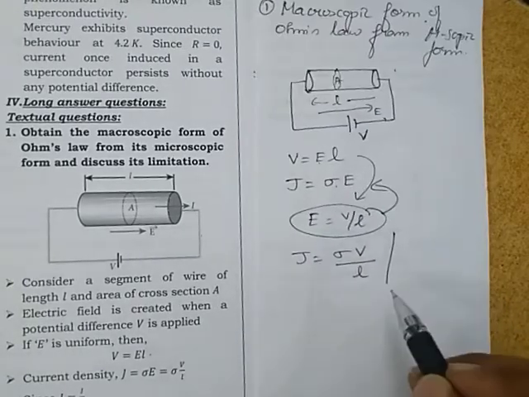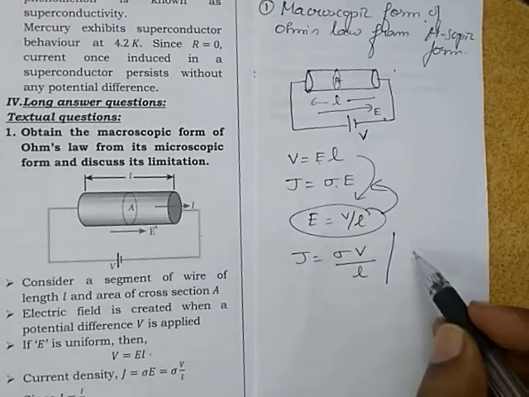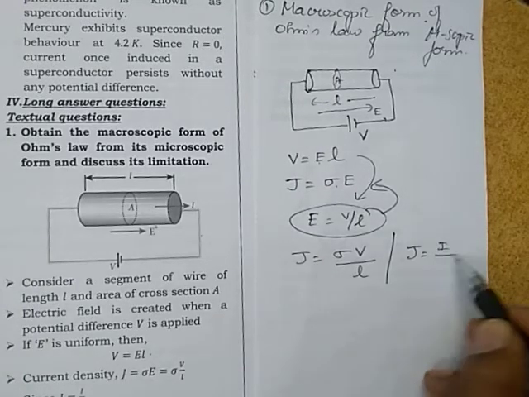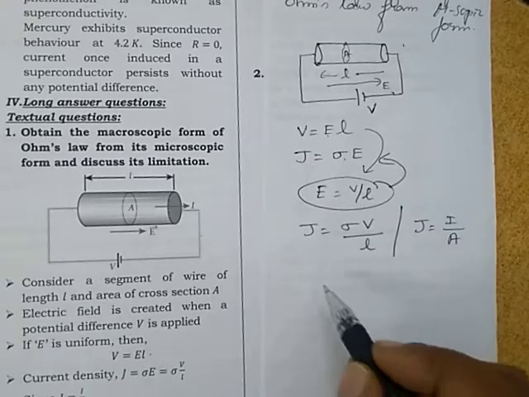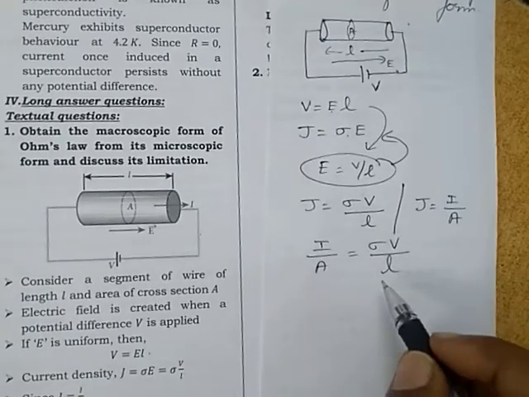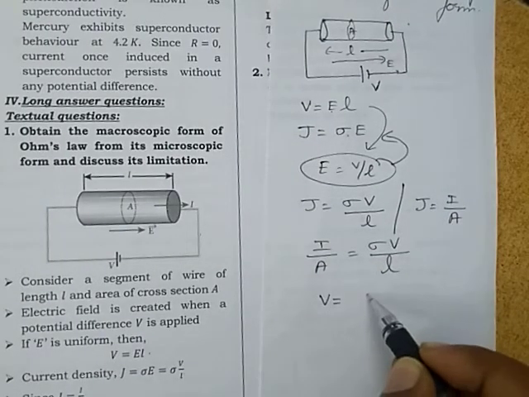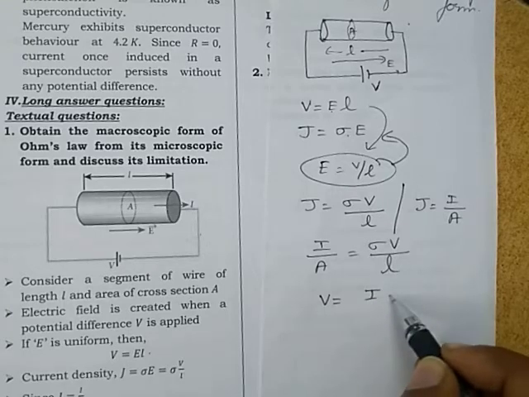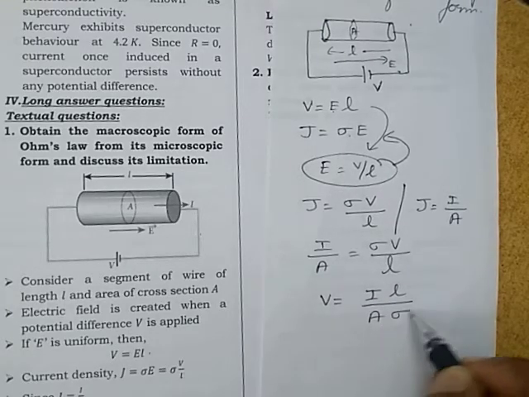We know current density is current per unit area, that is J is equal to I by A. Equating these two expressions, we get I by A is equal to sigma V by L. Then V is equal to I L by A sigma.